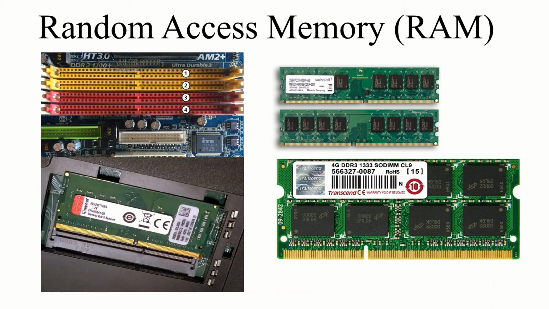Nowadays, the most common type is DDR RAM, and there are various iterations, including DDR2, DDR3, DDR4, and DDR5. The version keeps upgrading. What is DDR? DDR stands for double data rate and allows multiple files to transfer at the same time. So that's RAM.